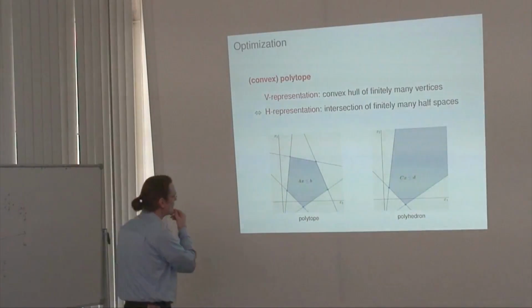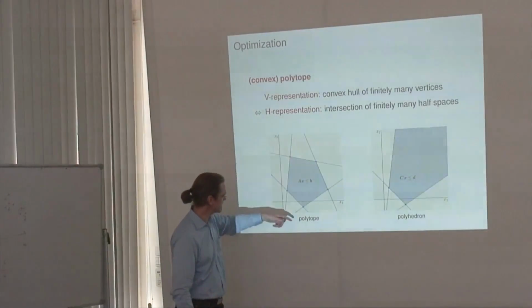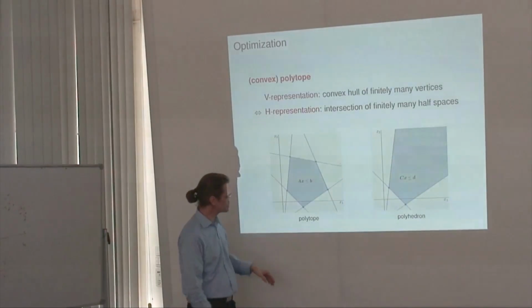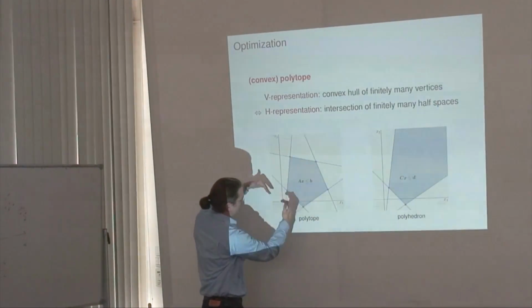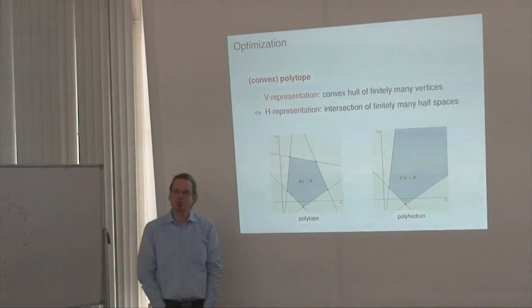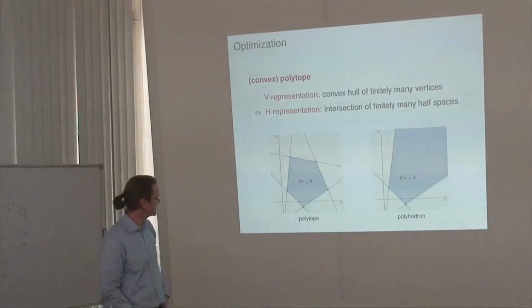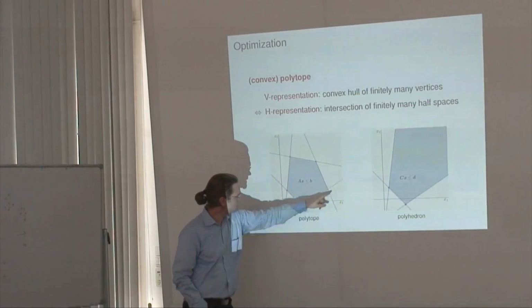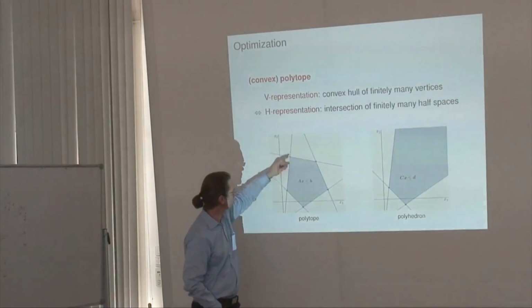Now look at this. There are a couple of lines here, and of course each of these lines defines a half space, right? And therefore, if we were to intersect the, how many are there? 1, 2, 3, 4, 5.